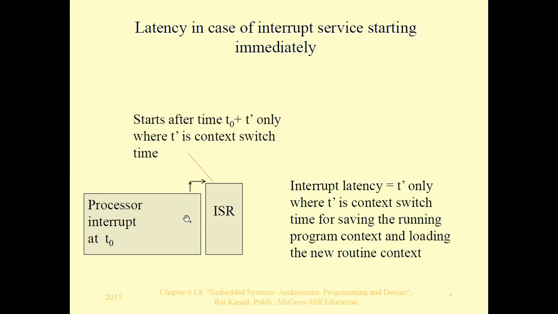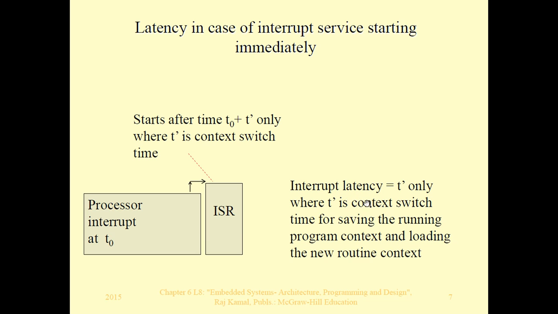So here you can see at the time T0 the interrupt occurred at the processor. As soon as the interrupt occurred, the ISR is started immediately. So it takes only T dash for context switch time. T0 is the time at which the interrupt occurred at the processor. So T0 plus T dash, that is the latency, at which the ISR is started very immediately after the interrupt occurs.